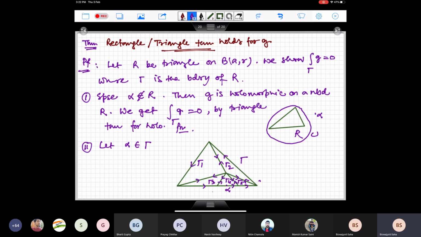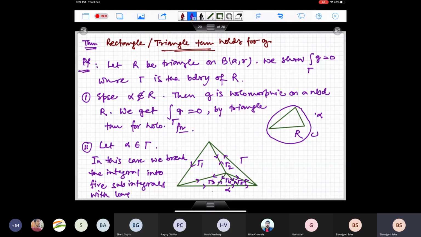Exactly what we have done before, the same thing can be done here. So in this case we break the integral into 5 subintegrals, with the property that the length of gamma 4 is arbitrarily small.